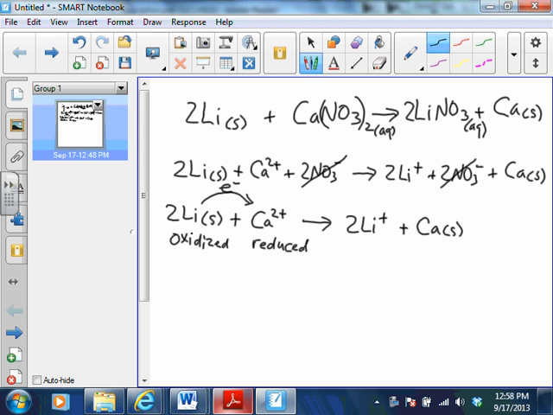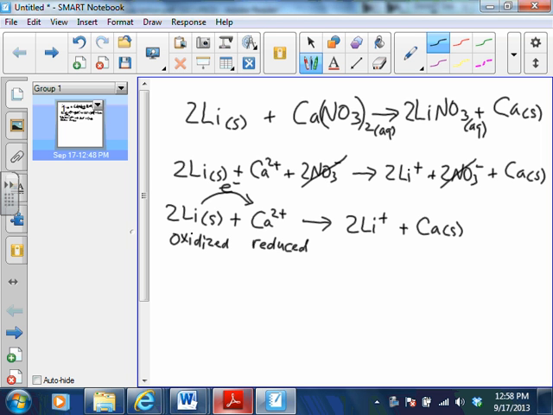Calcium's getting reduced. Anytime in a reaction that you have an oxidation, you also have a reduction. One does not happen without the other. Electrons do not just leave and go nowhere. Okay? They always go from one thing to another thing. Otherwise, they don't go. Does that make sense? Okay? So that's oxidation reduction.